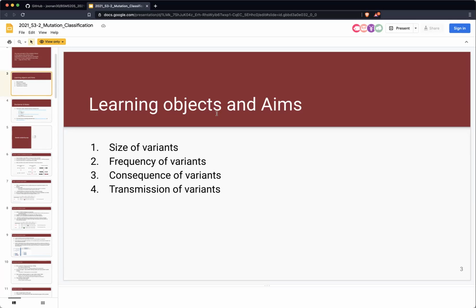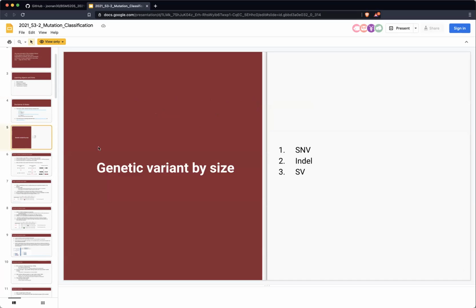We thought about the size of the variants last time, and this time we covered the frequency of the variant, the consequence of the variant, and the transmission of the variant. Then we briefly dealt with the other variant types called SNVs and indels, and we are in the middle of touching on the topic of structural variation.